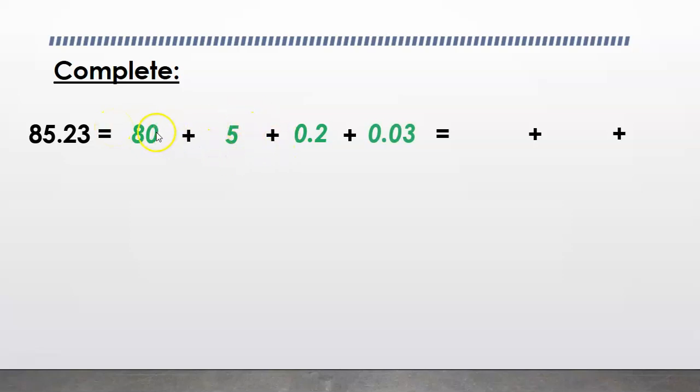Here I did this because I have 4 missing places, so I did each digit by itself. But if it gives me only 3 empty places, then I'll put 80 and 5 together, 85, and 0.2 and 0.03. Okay.